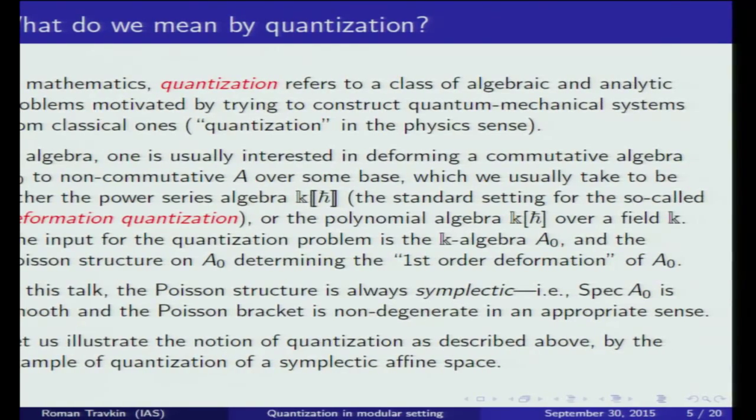In this talk, the Poisson structure is always symplectic. In other words, Spec of A0 is smooth, and the Poisson bracket is non-degenerate in an appropriate sense.